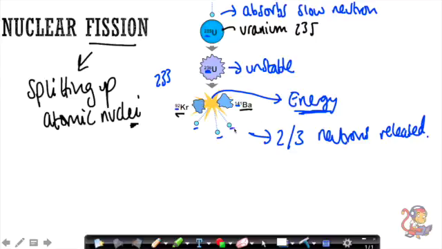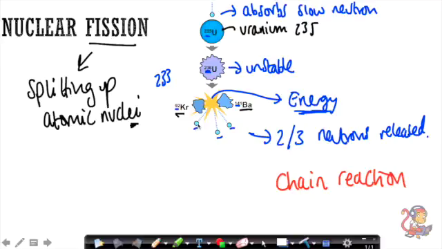So these neutrons that are released can go on and of course collide with more uranium-235, and because 2 or 3 are released, we get this chain reaction occurring where they keep releasing neutrons and they go on to collide with more uranium-235. Now you might need to complete a diagram like this to show how the chain reaction happens.